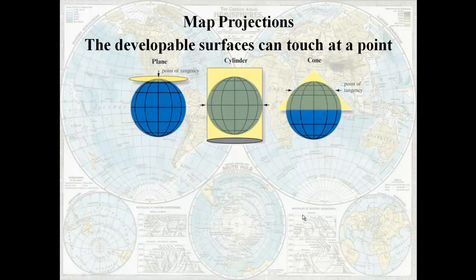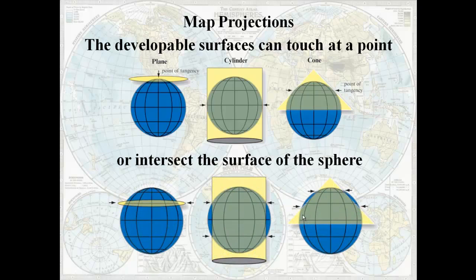Okay, so they can be tangent, or touching it at a point or line, or they can be what's called secant. And you can imagine secant as being the surface cutting through the planet. So in this case, the plane is slicing through the planet, and so the places where it is touching are a line, but it cuts all the way through. When a cylinder intersects secant, it's going to be cutting through in two different places.